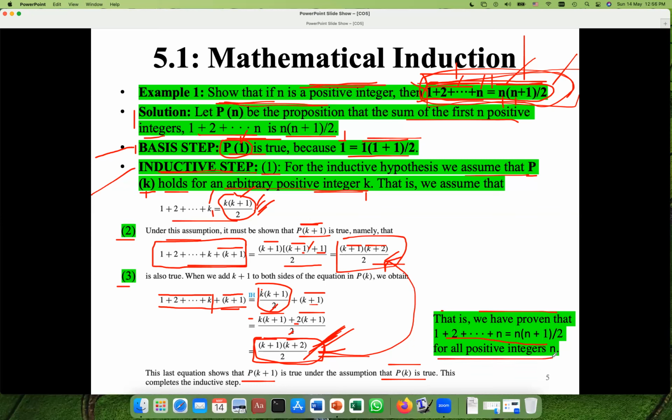So this is the first example of mathematical induction. In mathematical induction, you have two steps, the basis step and the inductive step. And before starting these steps, you have to suppose your propositional function, which would be given in your question or problem.